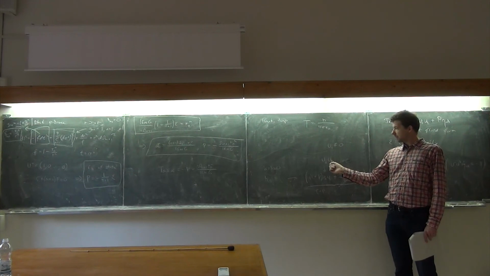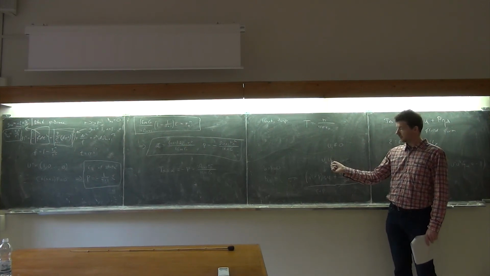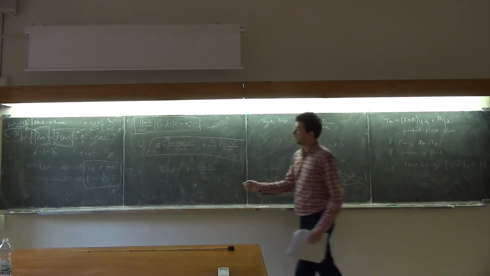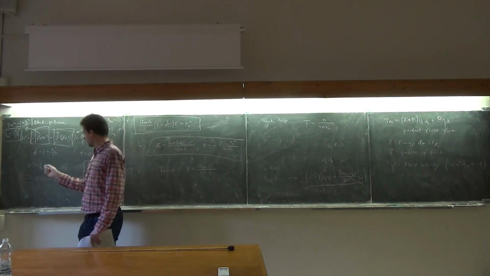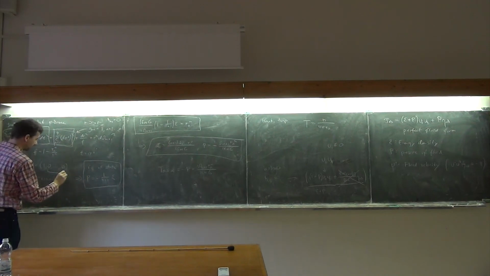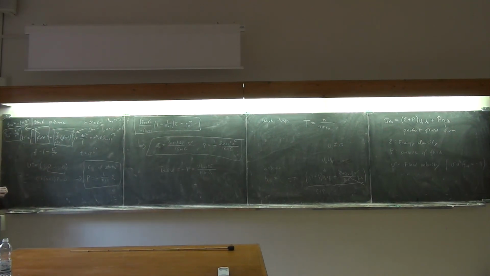And this is a mixed component with time and space. But in this metric, there's no mixed components with time and space. So therefore, all of these has to be 0, right?